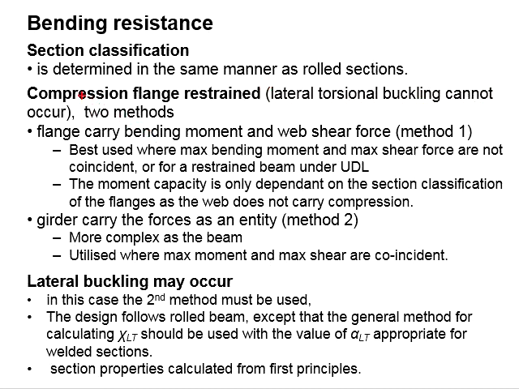There are two ways that we can use to estimate the size of the plate girder. Method 1 assumes that the flange is carrying the bending moment while the web is carrying the shear force.